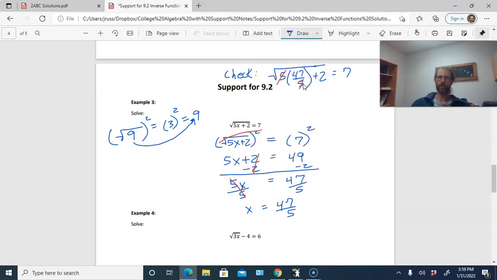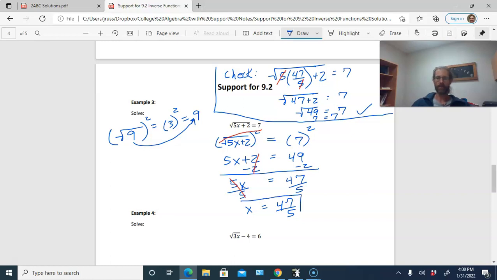We're left with just 47 plus 2, which is 49. So now we have the square root of 49 is equal to 7, and that is a true statement. The square root of 49 is 7, so 7 is equal to 7. This verifies that 47/5 is my solution.